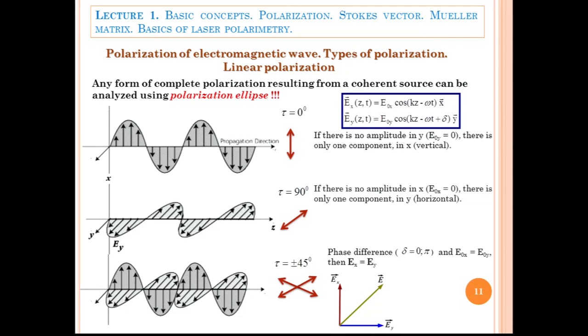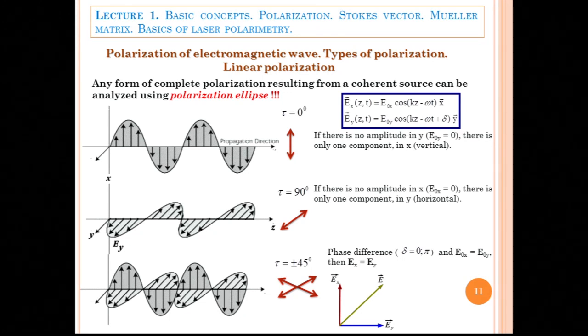Or if there is no amplitude in the x component, there is only the y component. This is always said to be a linear polarization, with azimuth equal to 0 here, and with azimuth equal to 90 degrees there.